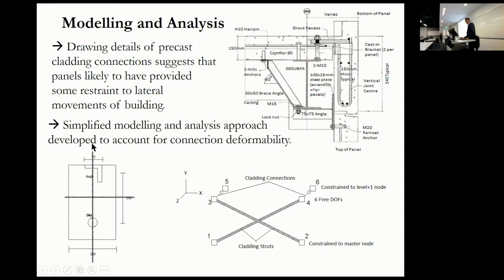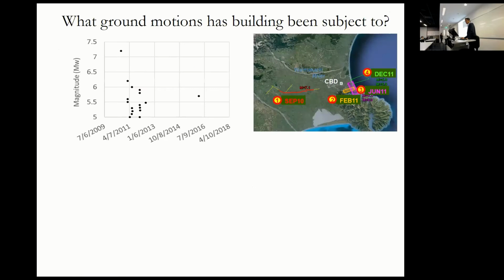So we estimated what that lateral stiffness was, and then the model was developed with these equivalent diagonal struts to represent the stiffness of the cladding panel, and a little beam element, which is representing the stiffness and also the strength. This was modelled with a nonlinear element of this angle connection. So we're expecting some restraint from these cladding panels, and we'll look at what the influence of that is.